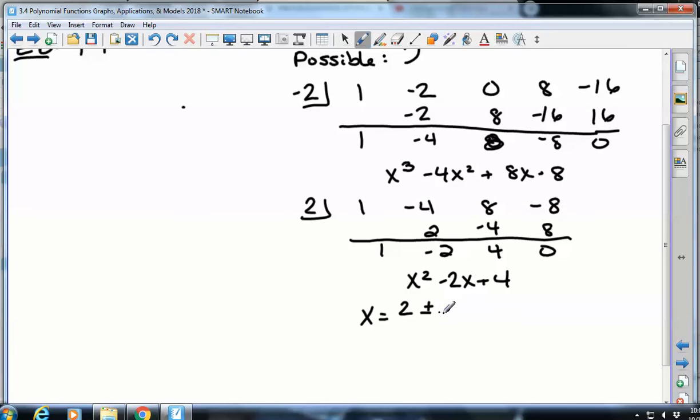So opposite of b would be +2 plus or minus the square root of b squared minus 4ac all over 2a.